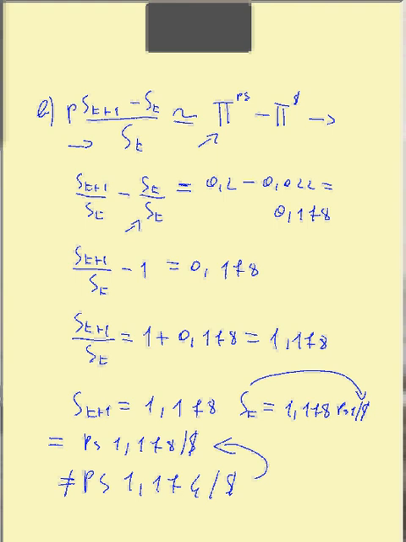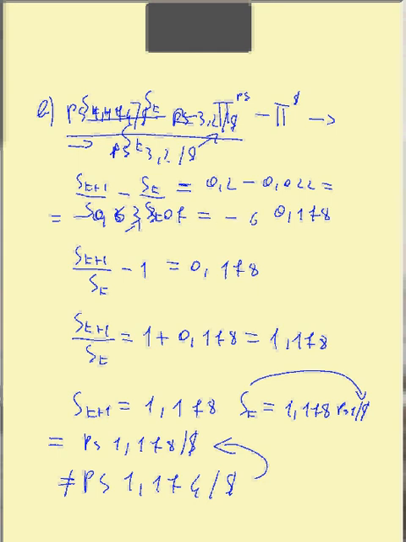It's enough to compute the following percentage: pesos 1.174 for each dollar, which is the fair or the correct exchange rate, minus pesos 3.2 for each dollar, which is the actual exchange rate, over pesos 3.2 for each dollar, and we get minus 0.63307, which is equal to minus 63.307%.